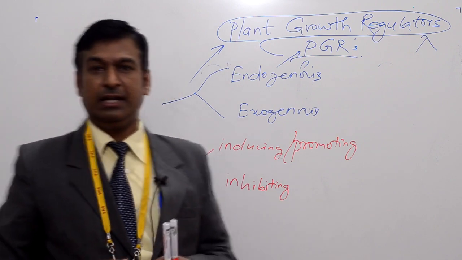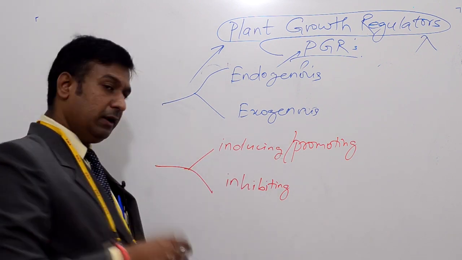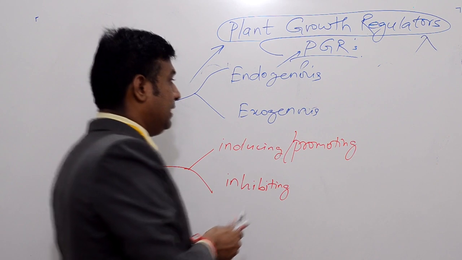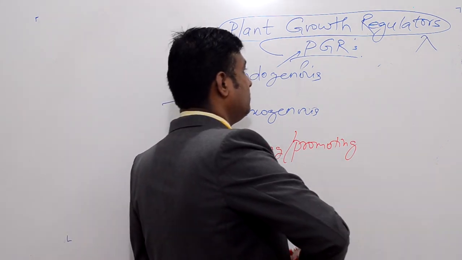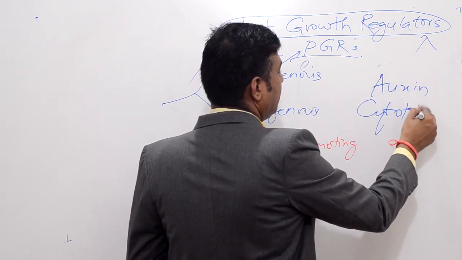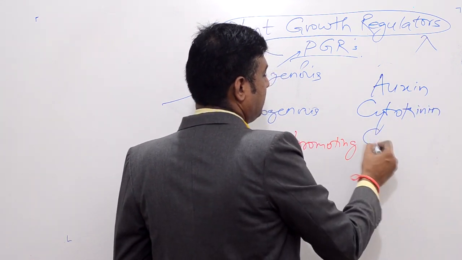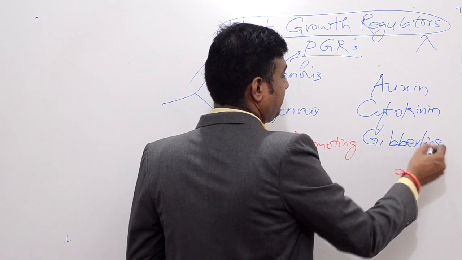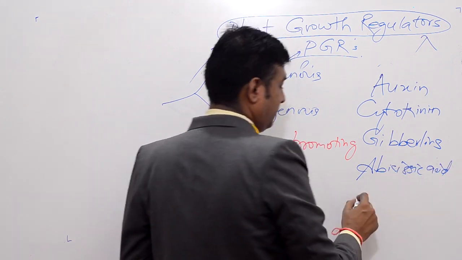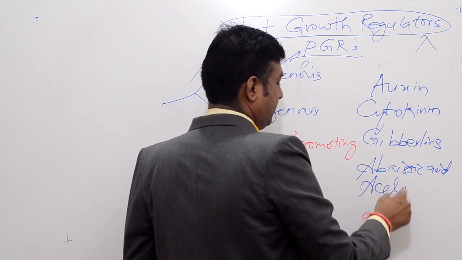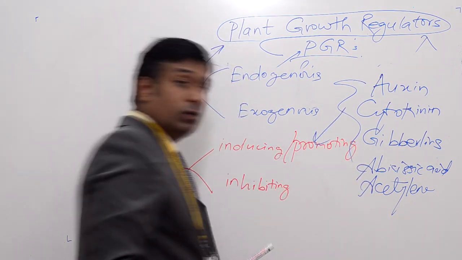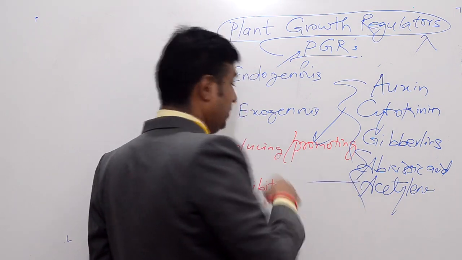Yes, natural or synthetic will be another approach for them, but the main important hormones they found are auxin, cytokinin, gibberellins, abscisic acid, and ethylene. Three of these hormones are growth inducing hormones, and the others are growth inhibitory type of hormones.